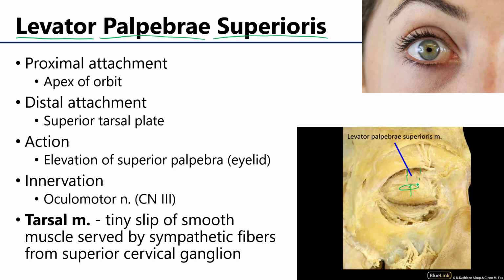And these tarsal fibers are innervated by sympathetic fibers coming from the superior cervical ganglion of the sympathetic chain. So with a sympathetic response, the tarsal muscles contract, and the superior eyelids are pulled a little further superiorly.